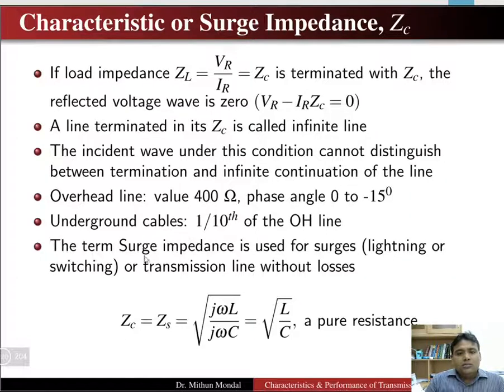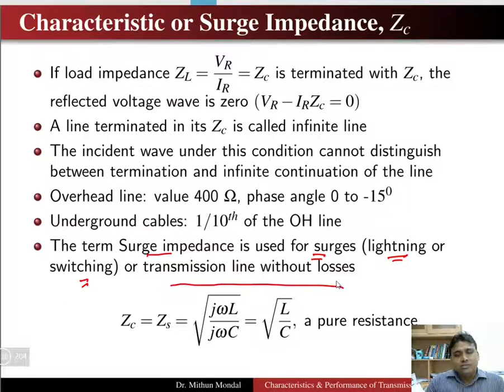Now the term surge impedance is used for surges. What are surges? Surges are basically the lightning or the switching over voltage, or it is used in transmission line without losses. So the value of ZC, the characteristic impedance, is equal to the surge impedance, which is given by under root j omega L by j omega C, equal to under root L by C, and it is a pure resistance.